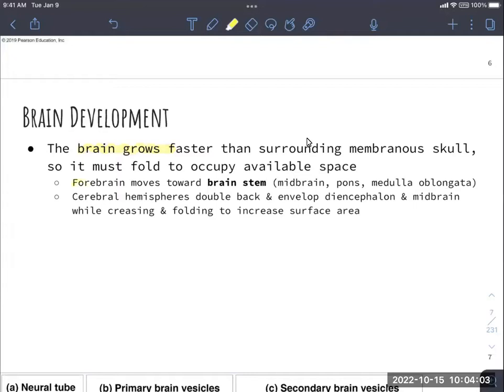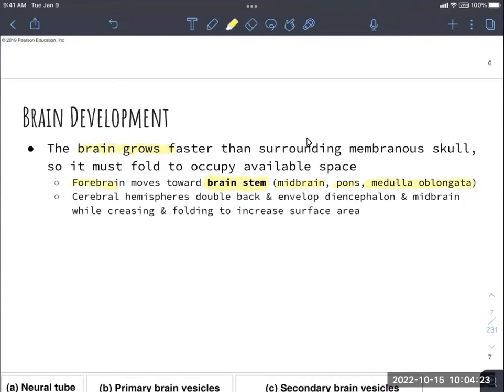So that forebrain that we had, that's going to move towards that brain stem, because our brain stem has a lot of very important functions. So our brain stem is made up of that midbrain, pons, and medulla oblongata.